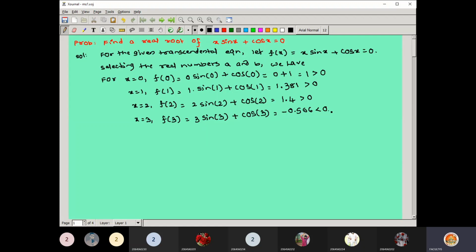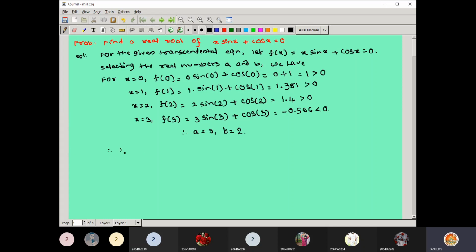Whenever you get opposite signs, you can immediately stop the process and write down a and b. The value of a is 3, where you get the negative value, and b is the positive value from the last two successive values, which is 2. So a equal to 3 and b equal to 2.